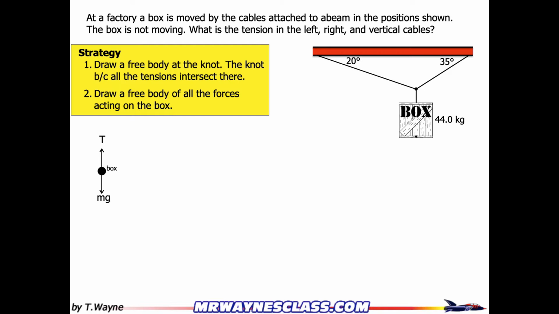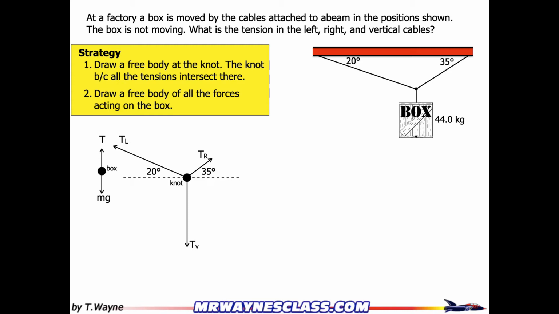So that's easy enough. Now for the knot, I've got TV. I'm going to call it TV, V for vertical, going down to the box. And then I've got this 20-degree angle and tension on the left, 35-degree angle, tension on the right. And you can see my dotted line just to give me a reference point. That's not a force, it's just there to give me some reference to my angles.